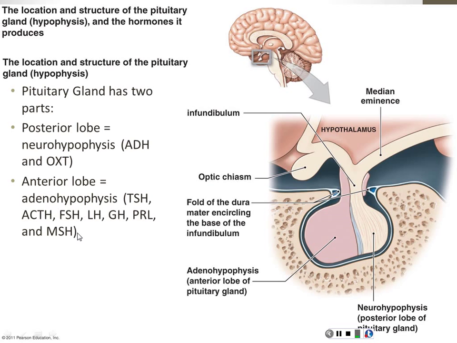So we have this whole list of hormones that we're going to go over here in a minute. But TSH is thyroid stimulating hormone. ACTH is adrenocorticotropic hormone. FSH is follicle stimulating hormone. LH is luteinizing hormone. GH is growth hormone. PRL is prolactin. And MSH is melanocyte stimulating hormone. Okay, a lot of words there, right?